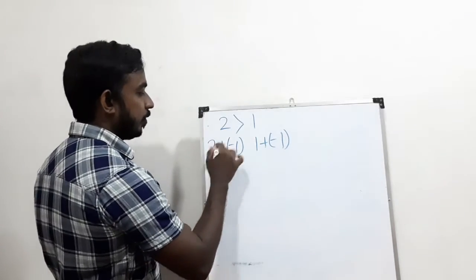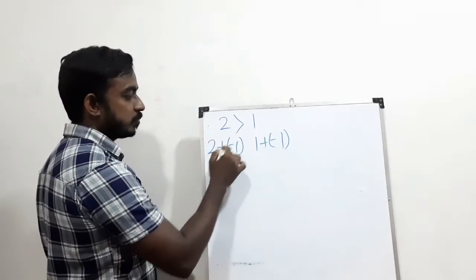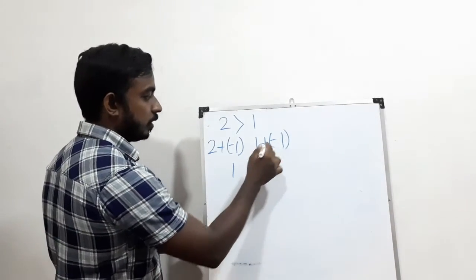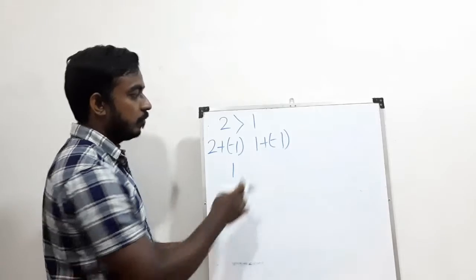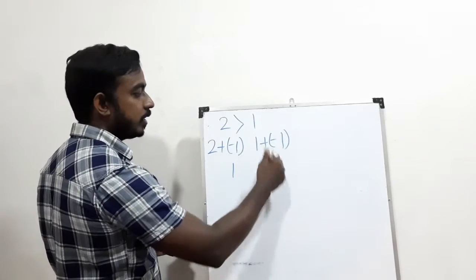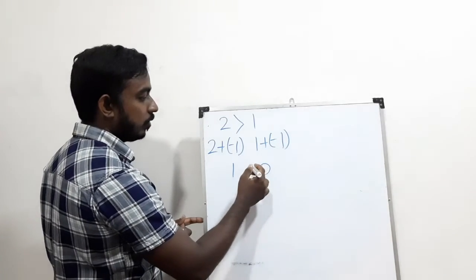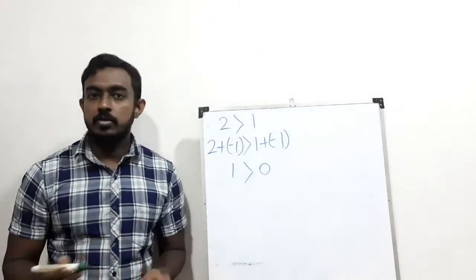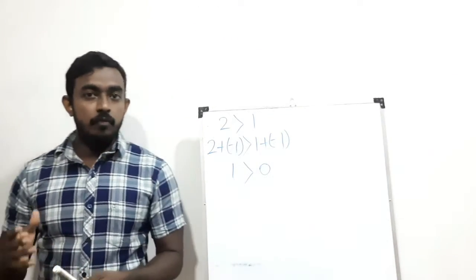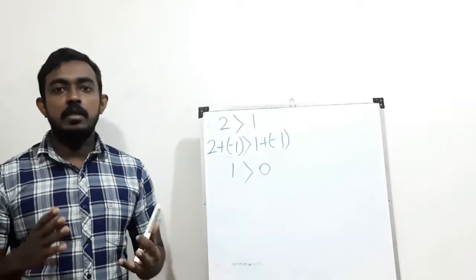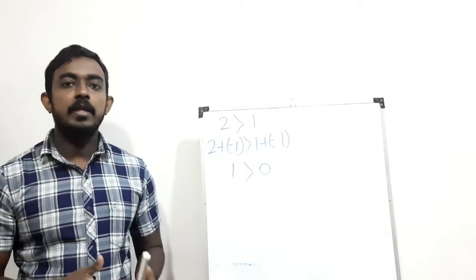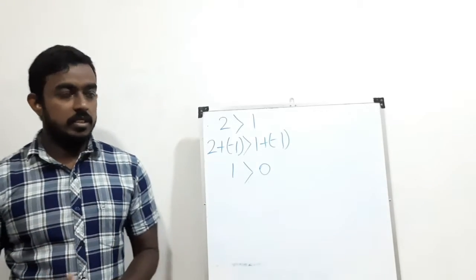When you remove this bracket, it will be plus minus, minus. That means 2 minus 1 will be 1. Then again, 1 minus 1 is 0. Does the inequality mark change? No, it does not change. So, we can decide that the inequality mark does not change when we add a negative integer.